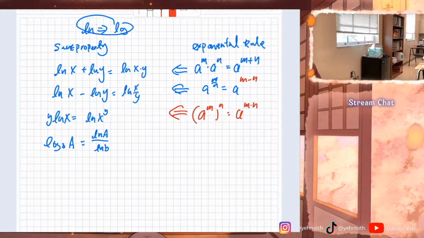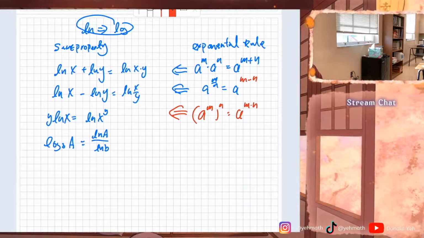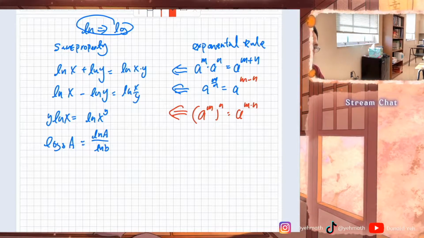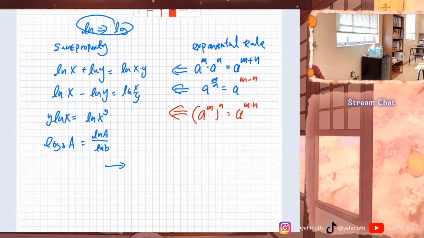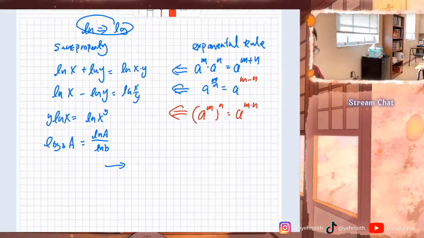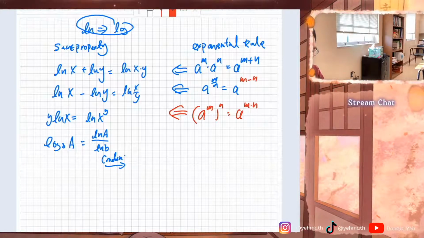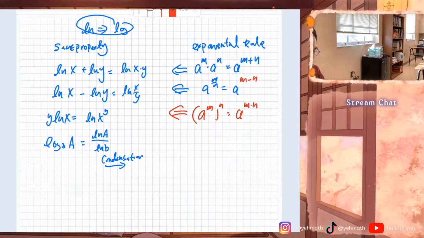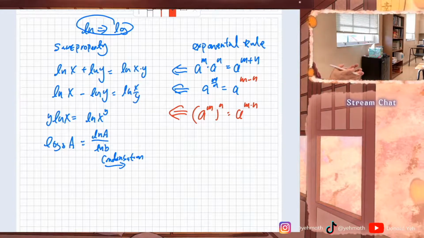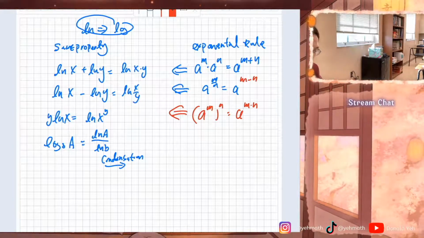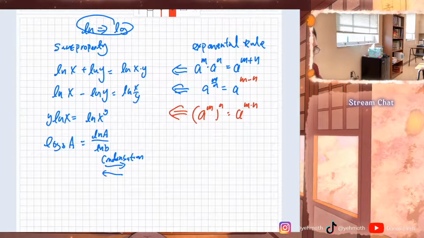Okay. With that being said, this is super important. Anything in this direction is called condensation. Why is it condensation? Because it takes two logs and condenses them to one log. Math actually works both ways.